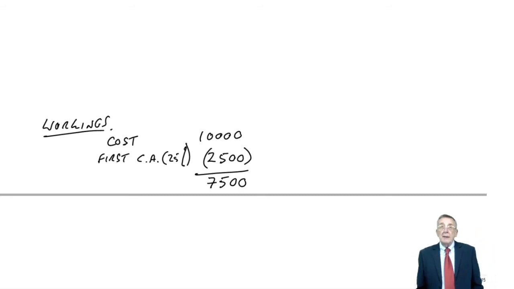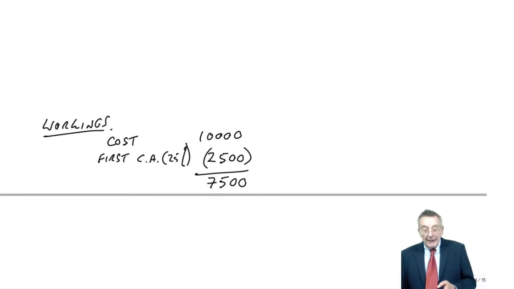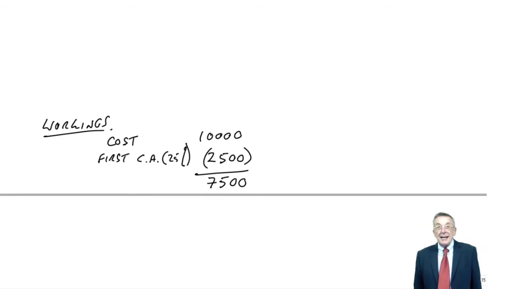Now you should know how reducing balance works. You know, next year 25% of 7.5 and so on. But before we go any further, 3 things. One is, remember, what I'm after is the tax saving we'll make as a result.